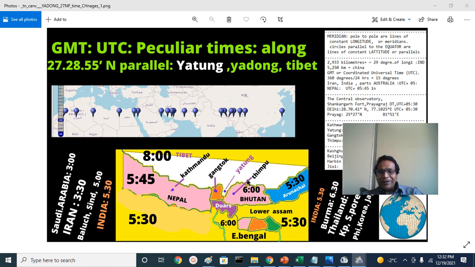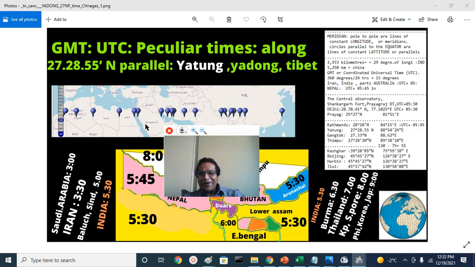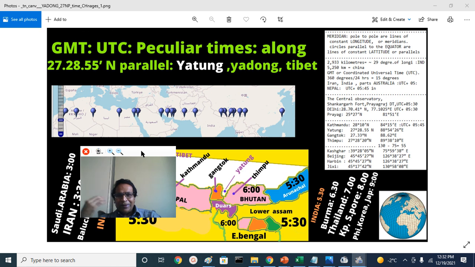This is due to the Chinese time zone, because China, a very big country, follows only one time, 8 hours ahead of GMT, whereas within 30-40 kilometers, so many countries follow slightly different time zones. That's why the variation occurs, a peculiarity as we see. But natural time, the local time based upon the sun, will be the same.